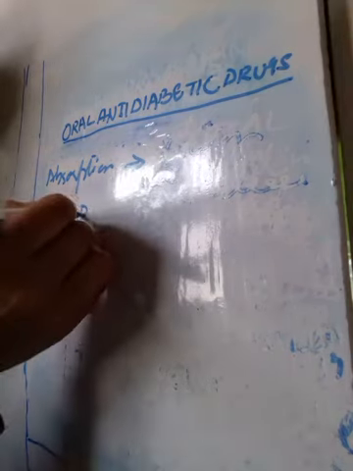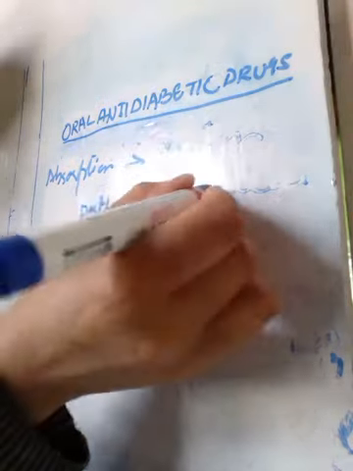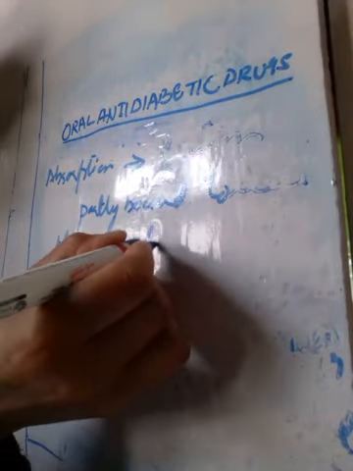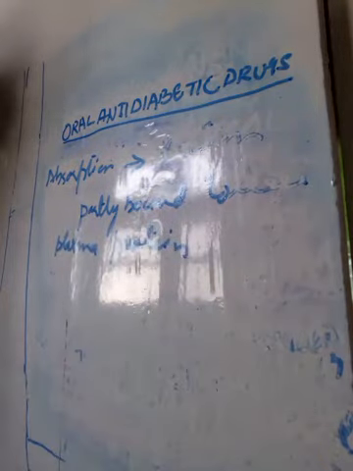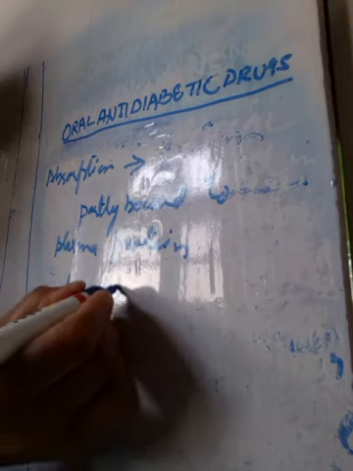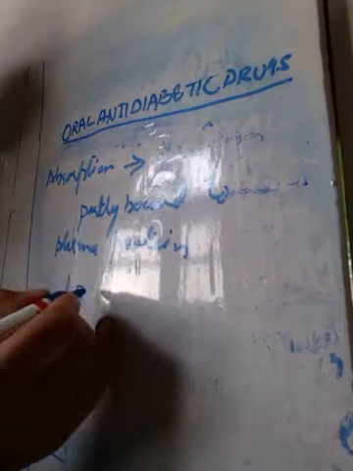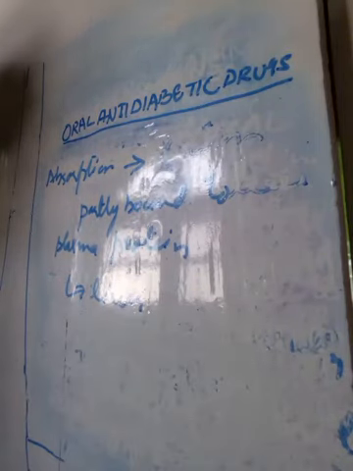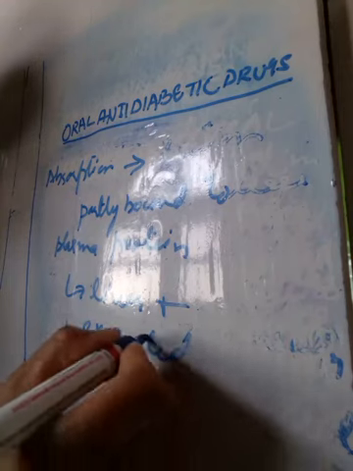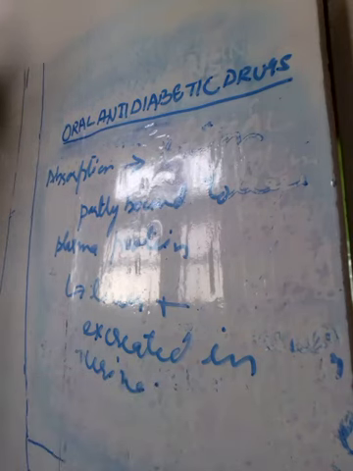They are partly bound to plasma protein, and are metabolized in liver, and are excreted in urine.